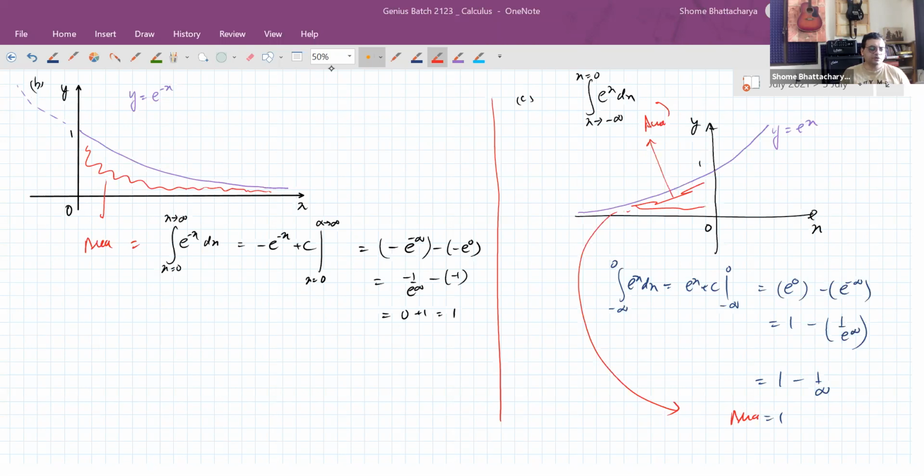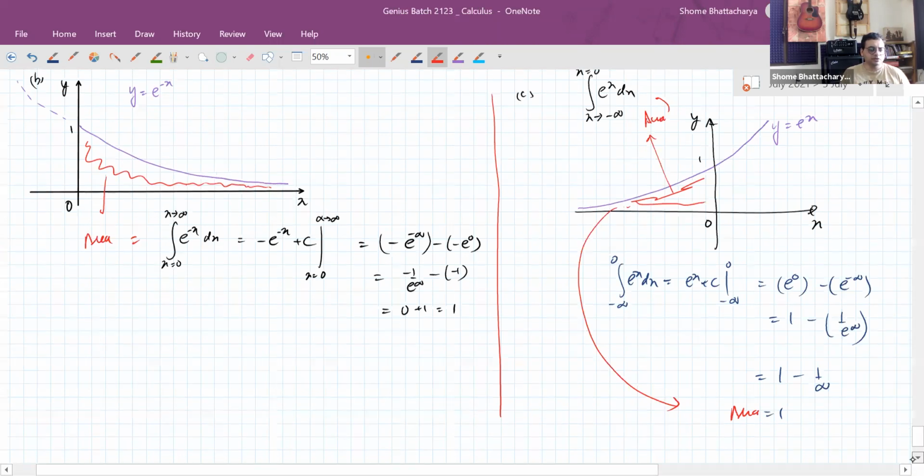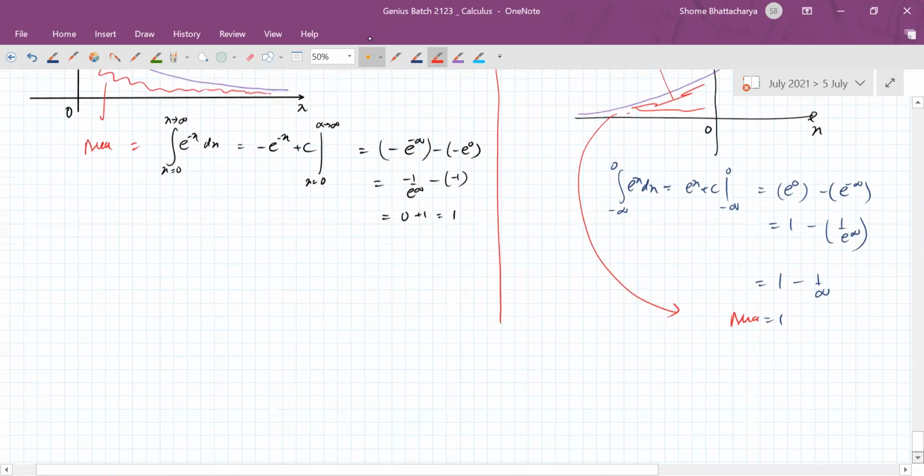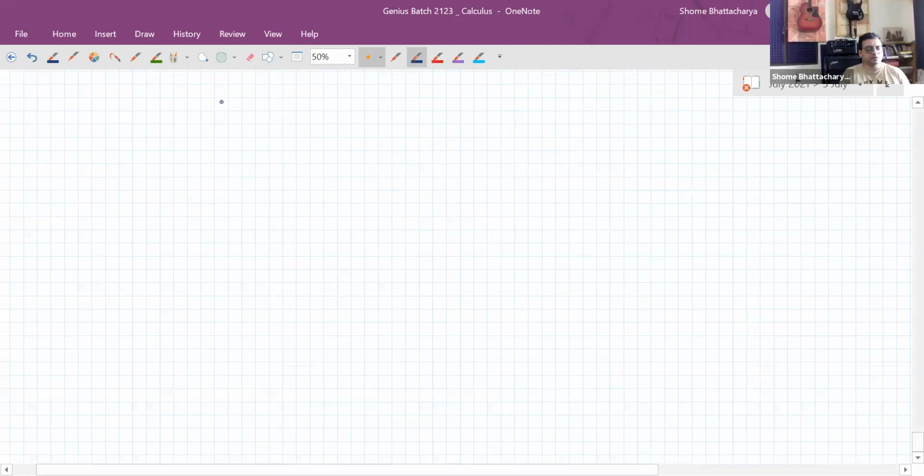Srijita, if you want to calculate the integration of a mod function, then we have to express the mod function that way. For example, if we are doing integration of, let's say, very simple, mod x from x equal to minus 1 to x equal to 1.